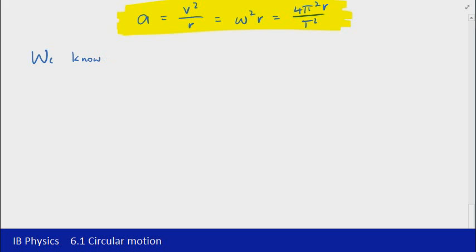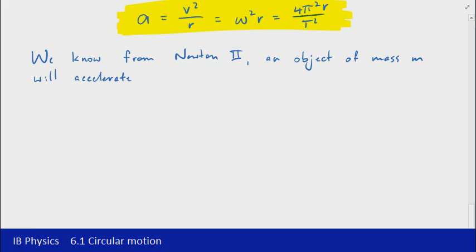We know from Newton's second law that an object of mass m will accelerate when an unbalanced external force is applied, just adding the word external to identify that it's a force coming from outside the object.